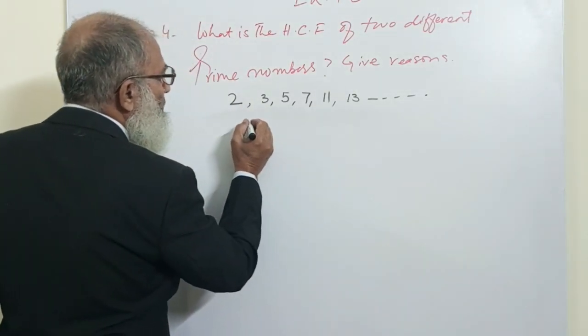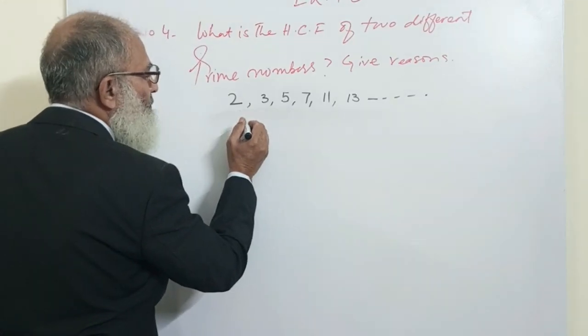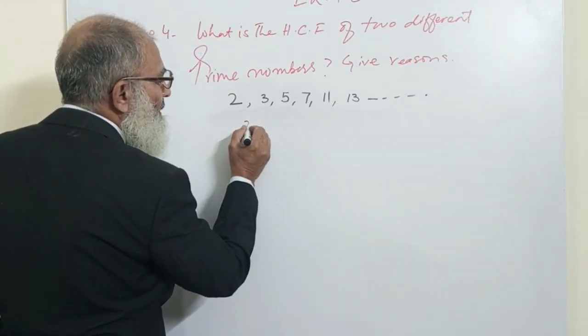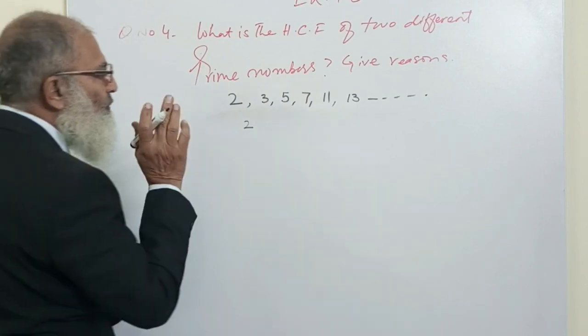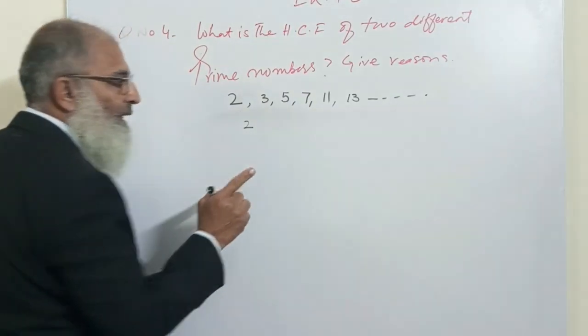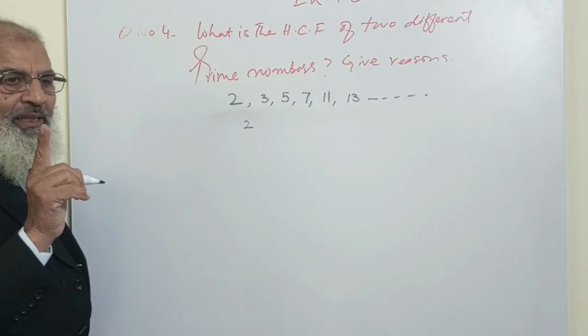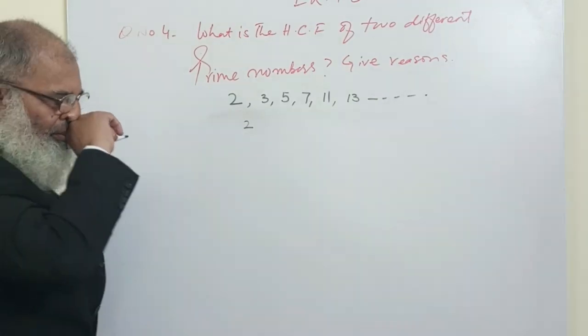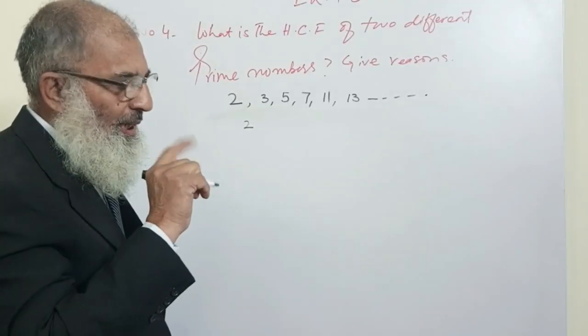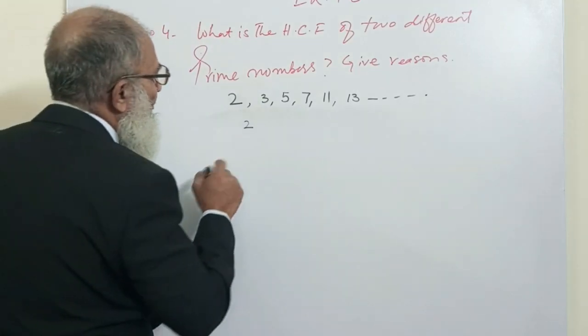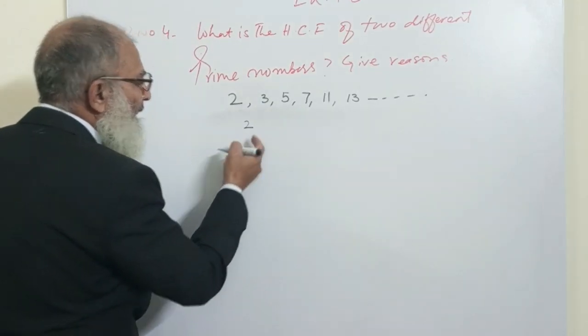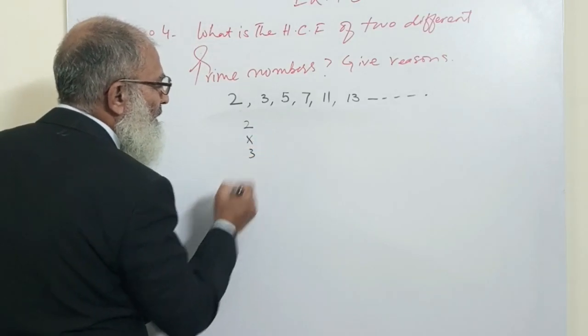So what we do, when I have to find the HCF of two prime numbers, I told you in my first lecture of HCF that we directly multiply the two numbers.